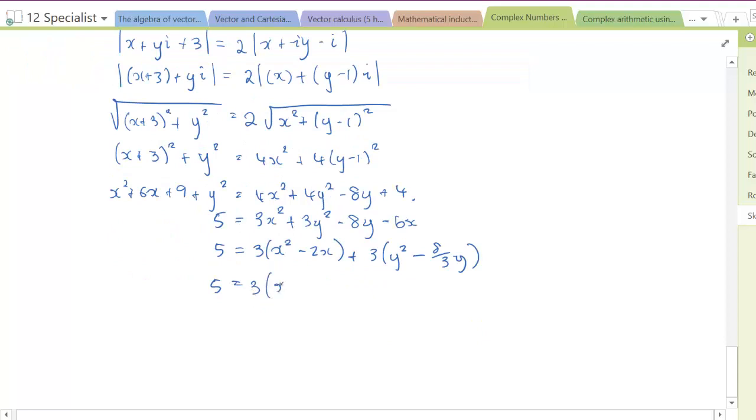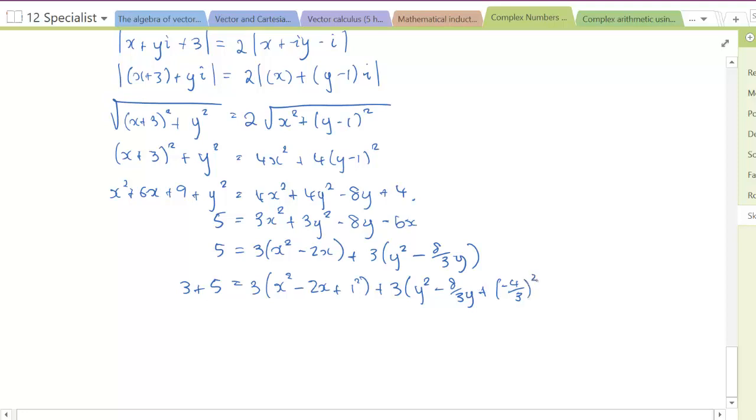So 3 lots of x squared take 2x plus 1 squared. Now we've added in 1 times 3, so we'll add that across on the other side. And now we've got 3 lots of y squared take 8 on 3y plus negative 4 on 3.